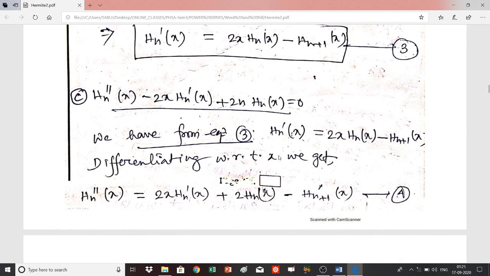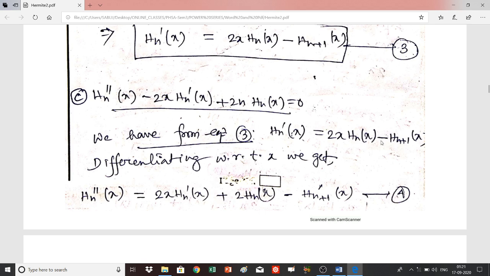Now the third identity is hn double prime x minus 2x hn prime x plus 2n hn x is equal to 0. Just use this relation, and I have written it as equation 3. From equation 3 you have hn prime x is equal to 2x hn x minus hn plus 1 x.